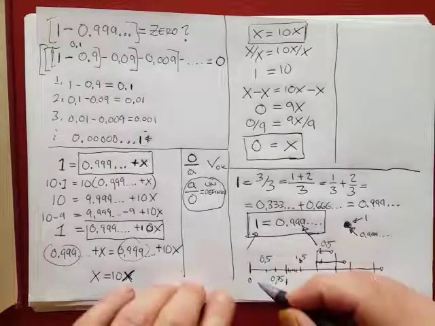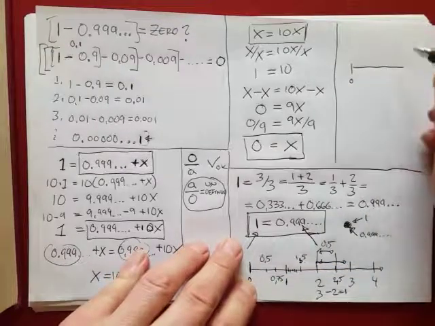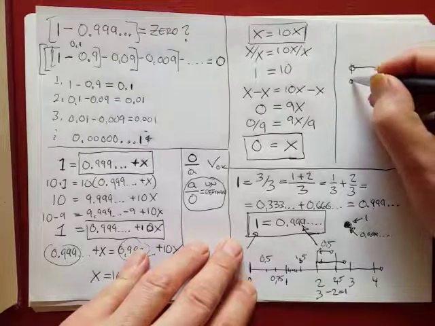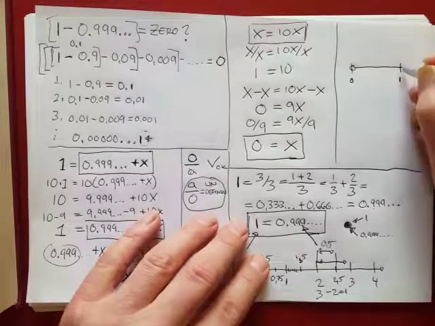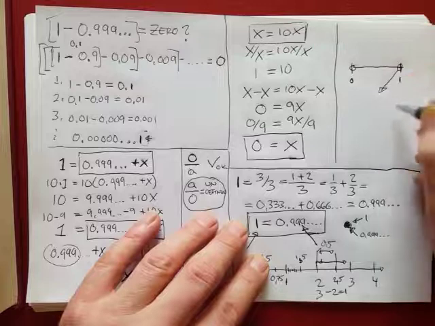And what we can say here, if we look at 0 here, and then 1 here, and then we kind of zoom in on that region hugely.